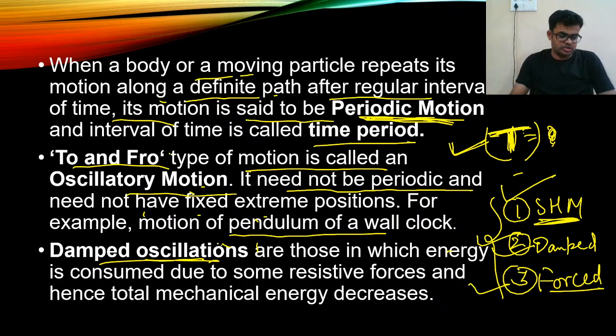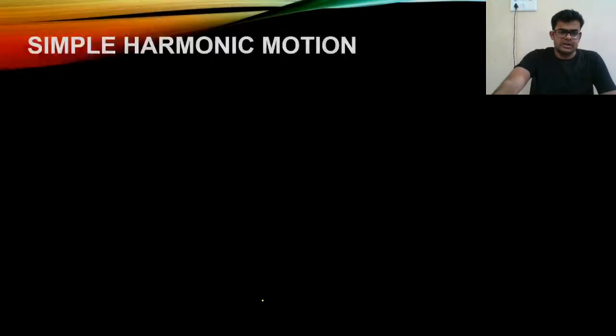So in damped oscillation, there is a loss of energy because of a resistive force. Next I will talk about simple harmonic motion. As I told, there is an oscillatory motion which is called simple harmonic motion if there is no loss of energy and acceleration is always towards the mean position.